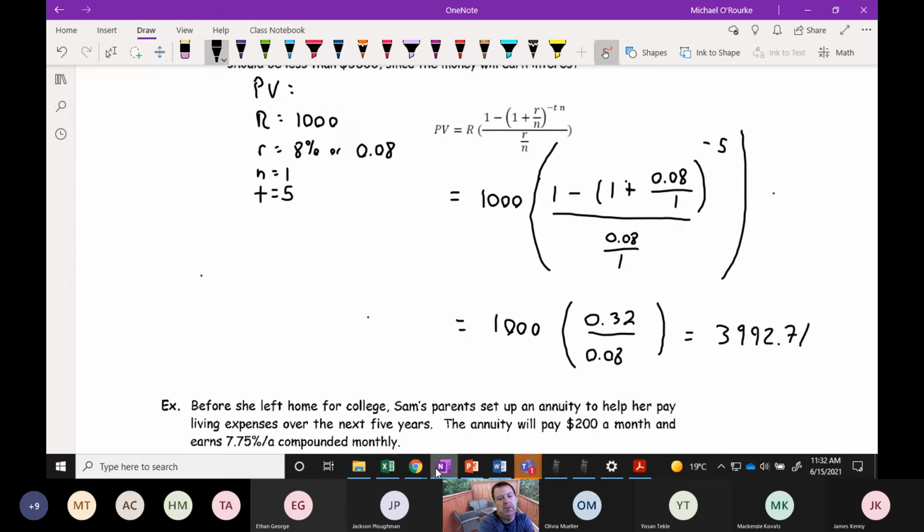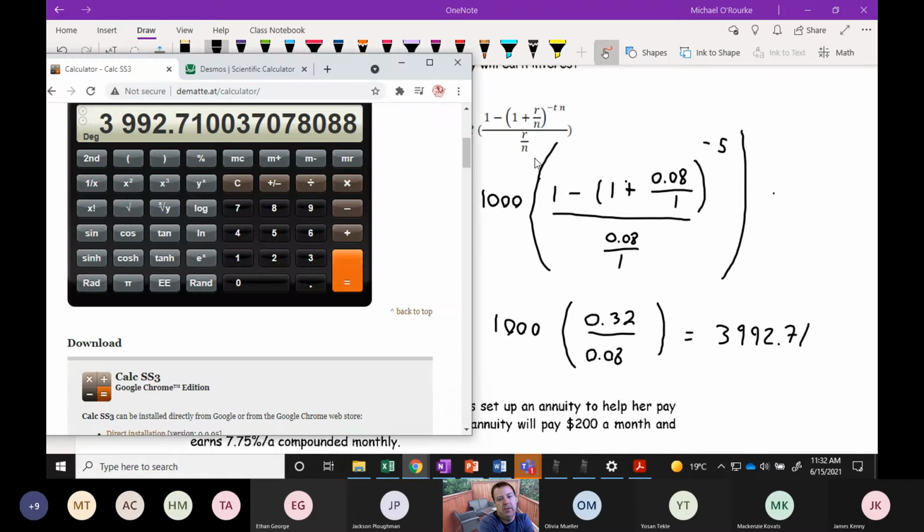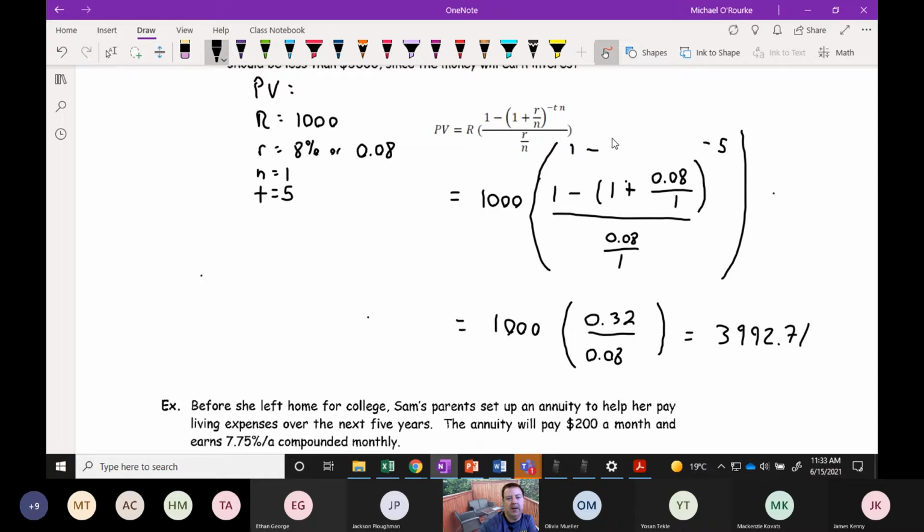So as we go through this calculation, if we go 0.08 divided by 1, plus 1 to the power of 5 negative. This part here, 1 minus 0.68.